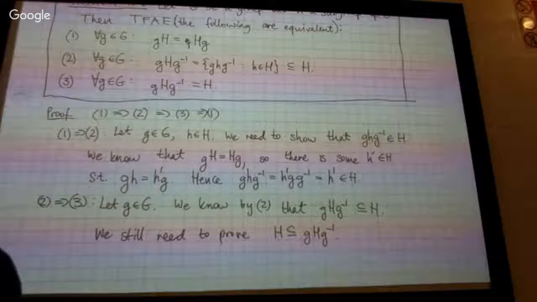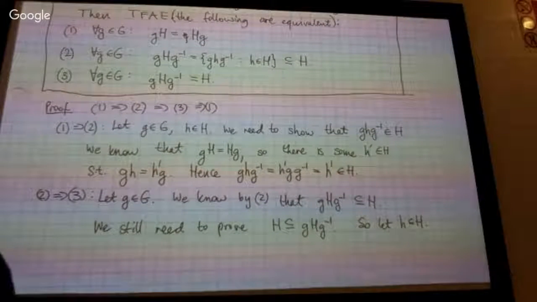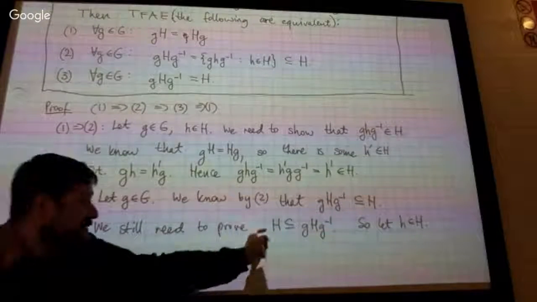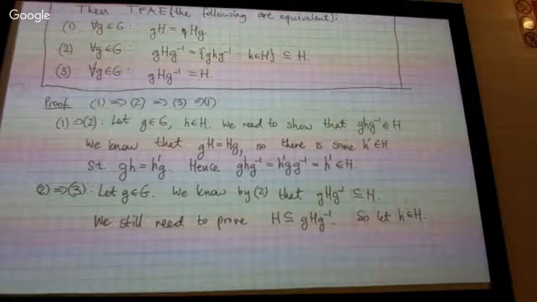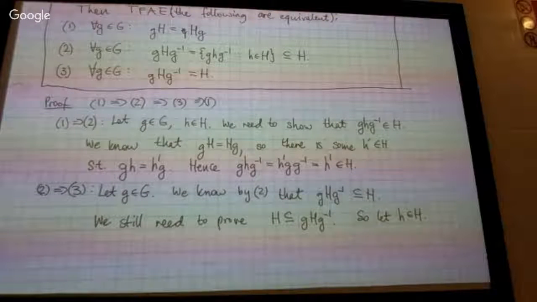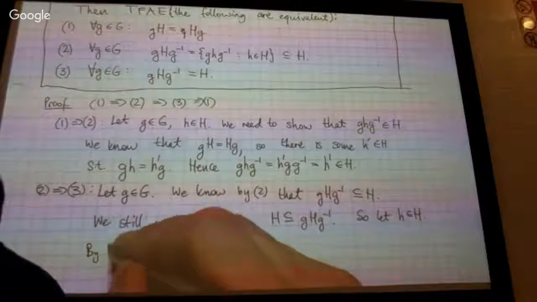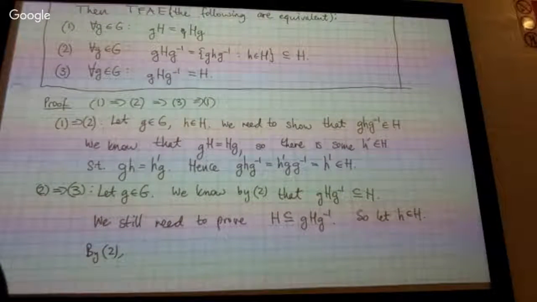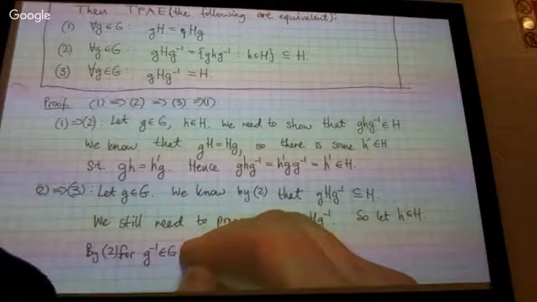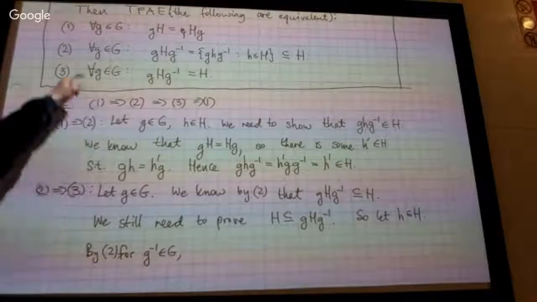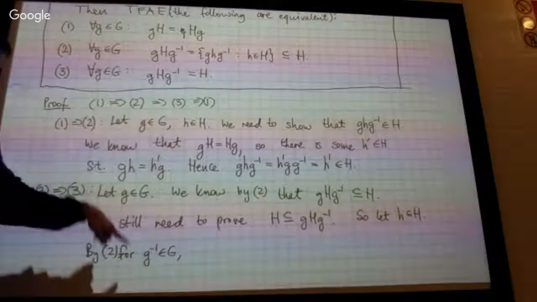Okay, so to prove this, we take any element of H and we prove that it's also in this set, and that shows it's a subset. Now again, by 2, but now we do the 2 for G inverse in G. We're using the fact that for every G, this is true, we're applying it not to this G, but to its inverse.